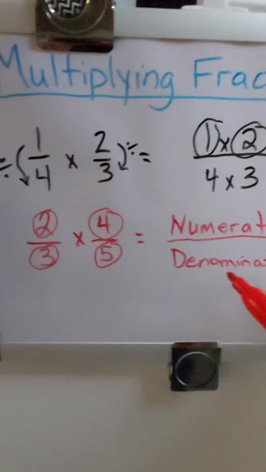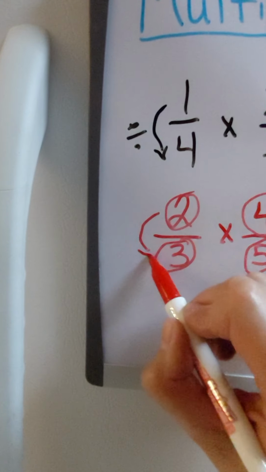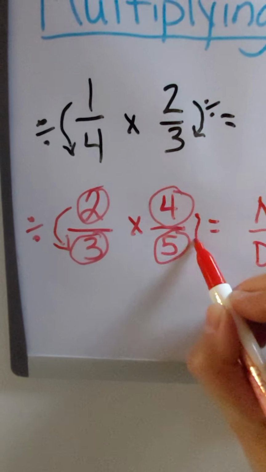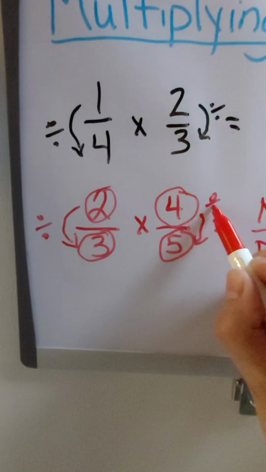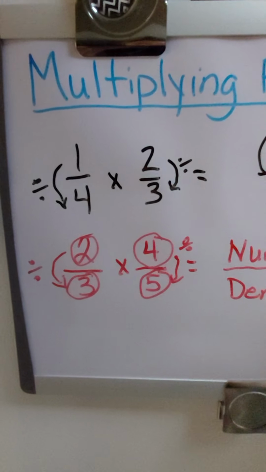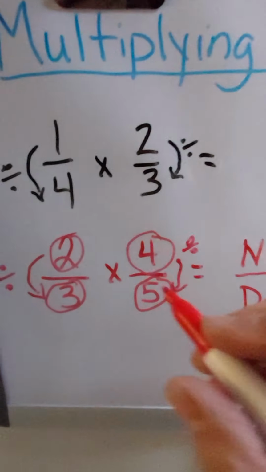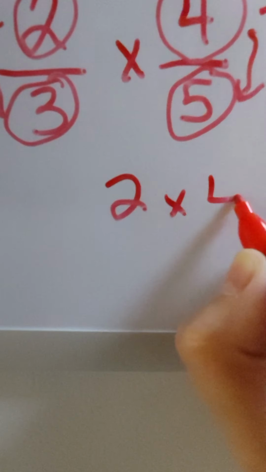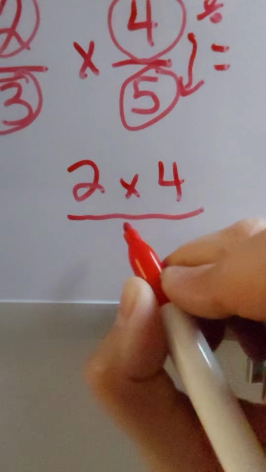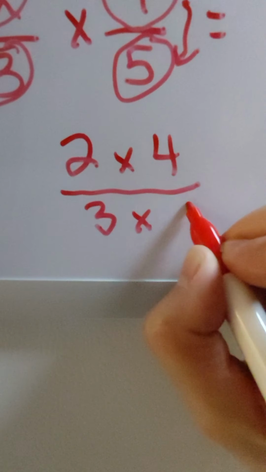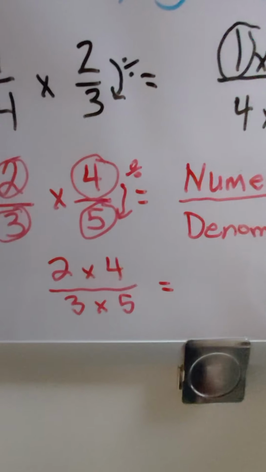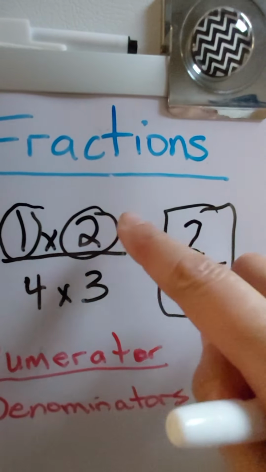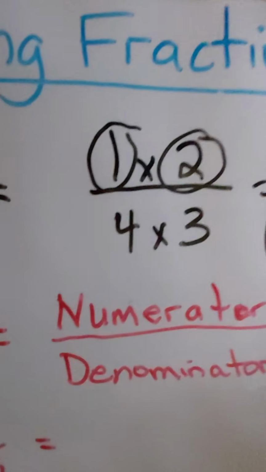So now we can simply rewrite this question. Again, it means 2 divided by 3 and 4 divided by 5. So if we rewrite the question, it will look like this. 2 times 4 divided by 3 times 5. And like we did in the first question, we simply multiply the top numbers and the bottom numbers.